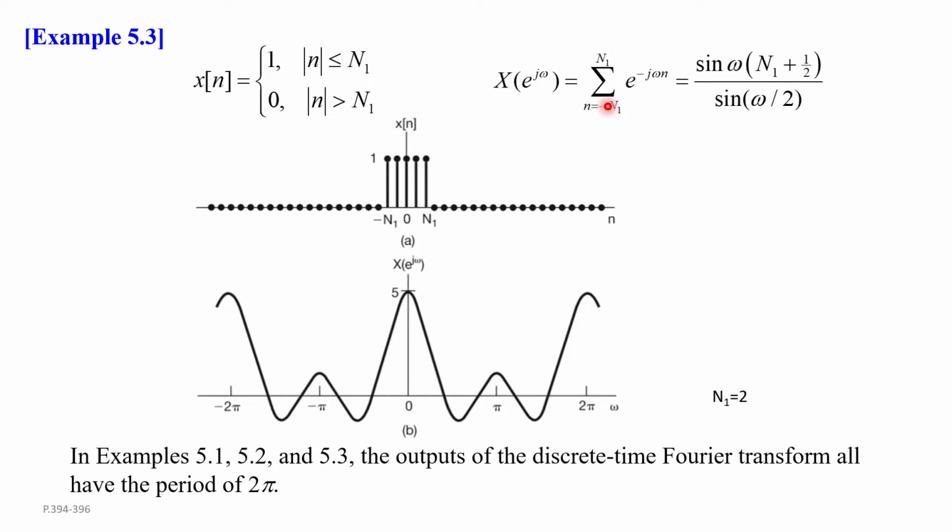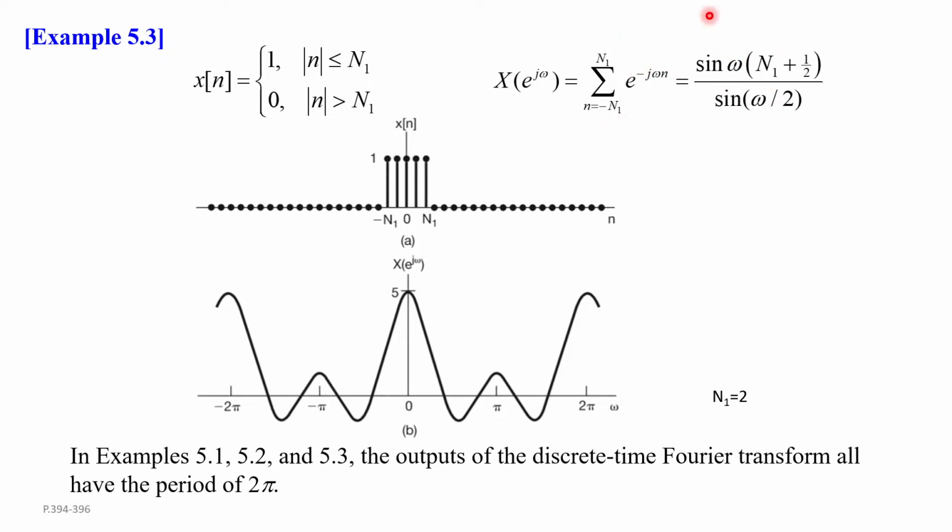Anyway, it's going to be a summation of e to the j omega n, from minus n1 to n1, and you can see that this is also a geometric series. So this is e to the minus j omega in parentheses to the n. It's a geometric series, and once again you can use the geometric series formula.